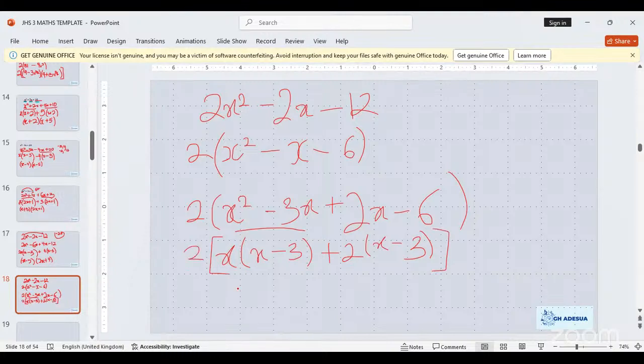So you further open brackets: x plus 2, minus 3, x minus 3. Like this, right? Yes. So you are perfectly right. The only thing is the 2 that you divided by, you didn't bring it in. Is that okay?